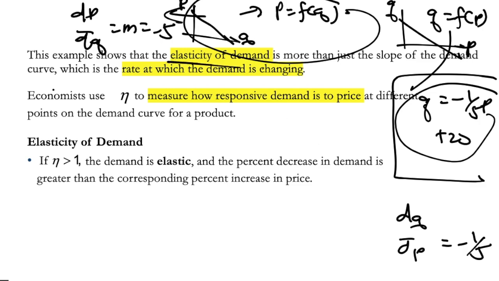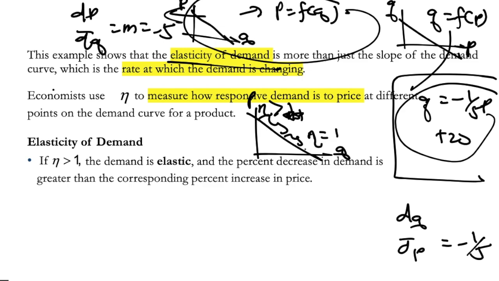But if you see the elasticity of demand, it's not the same along the line, because along the line here, this one is more than 1. This one, eta equal to 1. This one, less than 1, isn't it? So although the slope is the same along the same curve, the elasticity won't be the same.